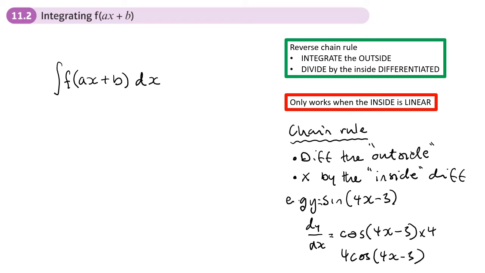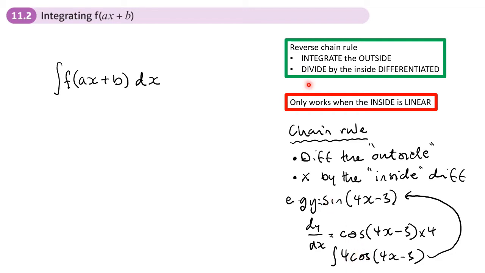Now if I'm going to integrate that, so if I integrate my answer, I should get back to this, and the way I'm going to get back to that is by reversing the two steps here. So where I've got differentiating the outside, I reverse it, I integrate the outside. So this cos integrated would become sine.